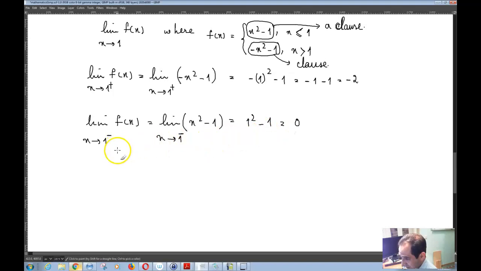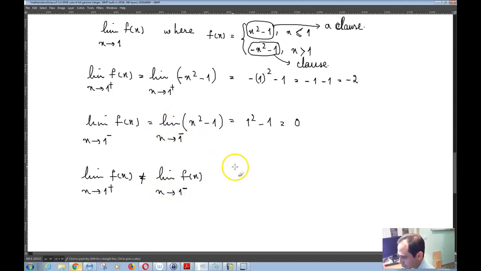So as you can see, the limit of f of x as x tends to 1 from the right is not equal to the limit of f of x as x tends to 1 from the left. And so you can say that the limit of f of x as x tends to 1 does not exist.